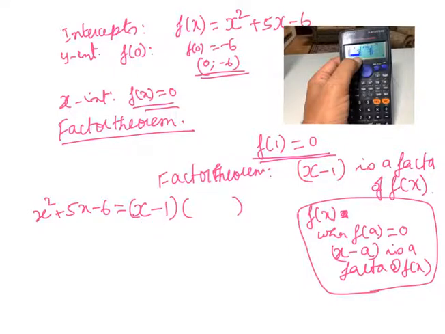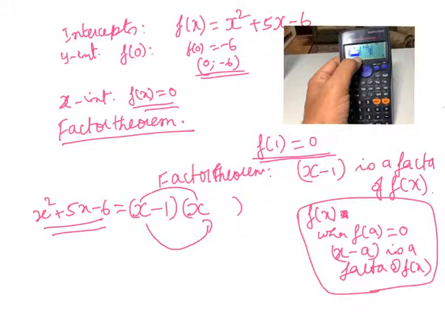Now I find the second factor. I can continue with bigger numbers on the calculator to find the second factor. Sometimes it may not be possible, sometimes it may be possible using the step 1. Here another simple way: if I expand this, I should get the original function. The first term is x, and x times x must give x squared when I open the brackets using the FOIL method.